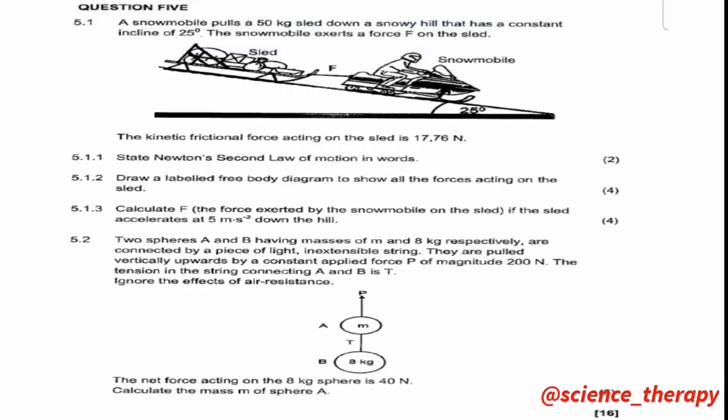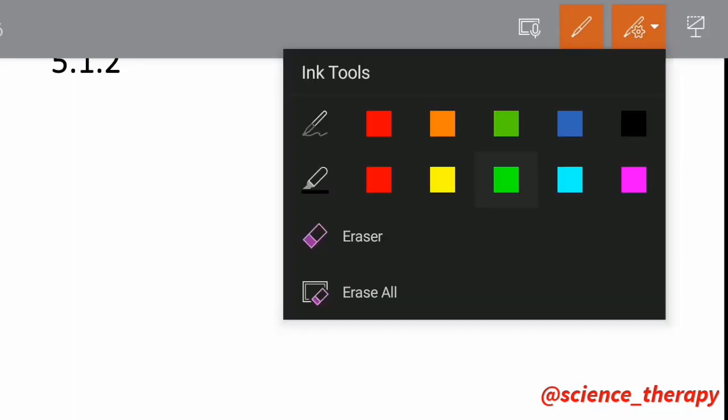Now 5.1.2 says draw a labeled free body diagram showing all the forces acting on the sled. So that's for 4 marks. We must show all the forces acting on the sled. Now we know if we are given 4 marks, that means we have 4 forces, right? So now let's draw that. Because this is on an incline, I will try to just faintly draw the incline.